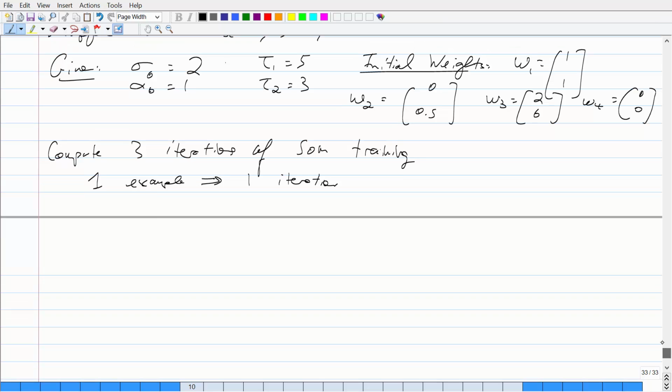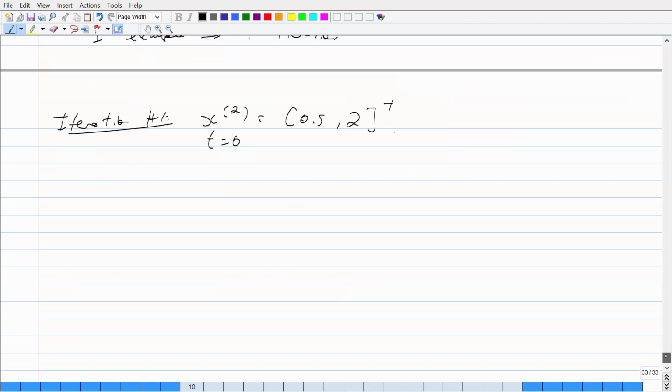Okay. So iteration 1, we select the second training example. In this case, it's equal to 0.5 and 2. And also the current time is equal to 0. So this is where we're starting up.